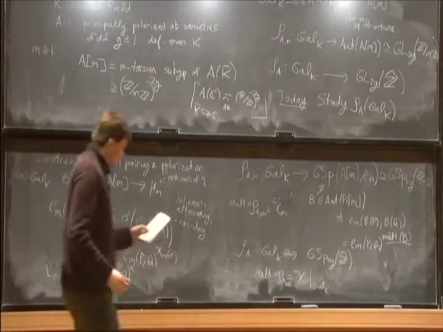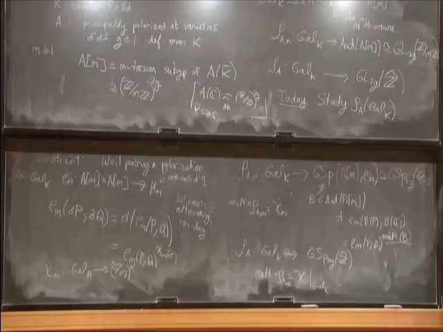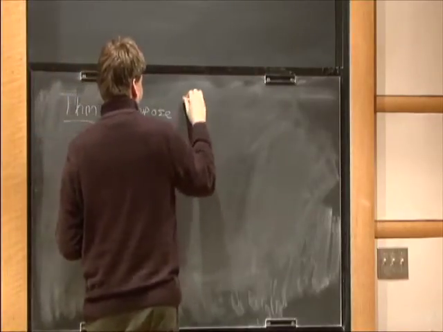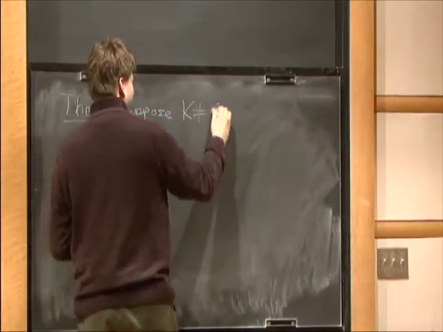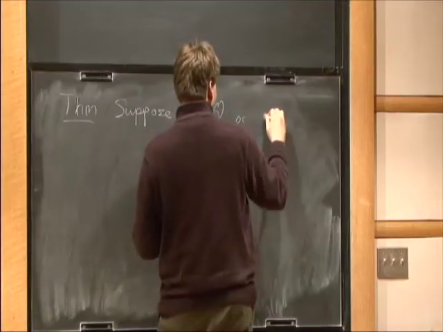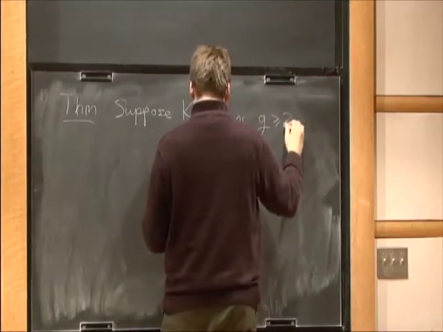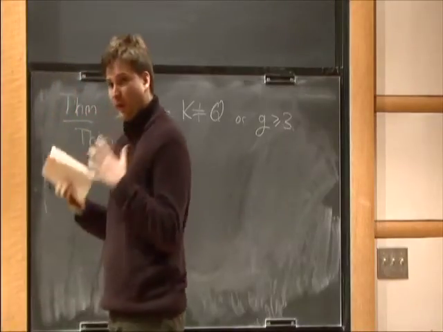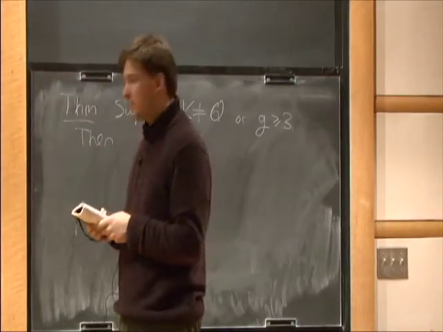And here's the first theorem. Suppose K is not Q, or G is at least 3, and then there actually is an abelian variety which has the biggest image possible.